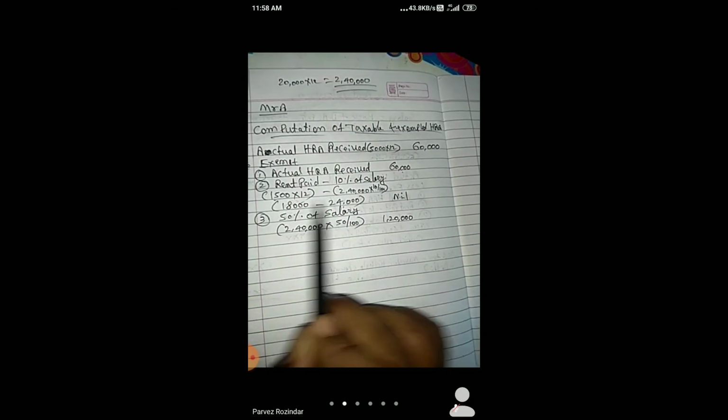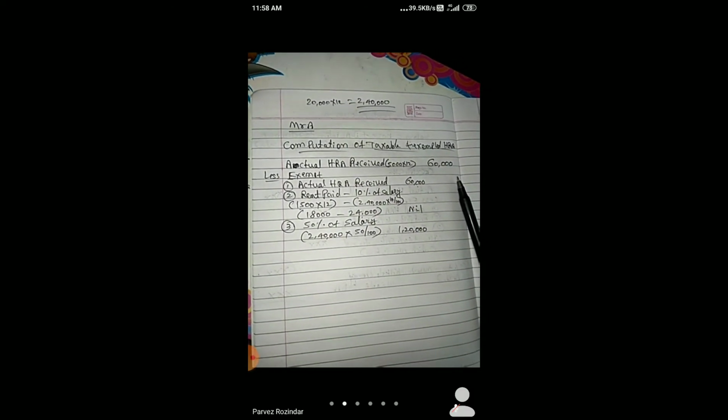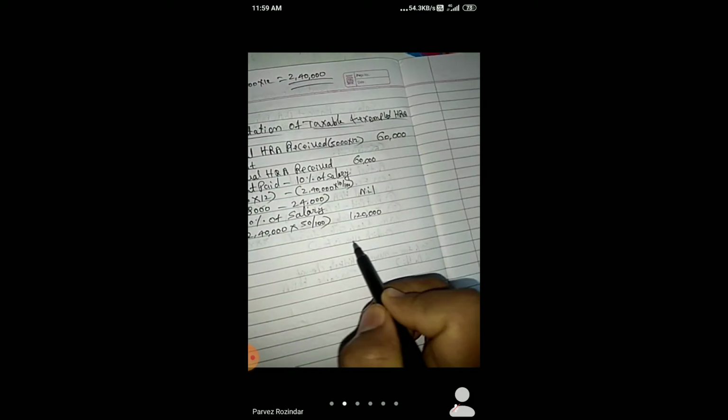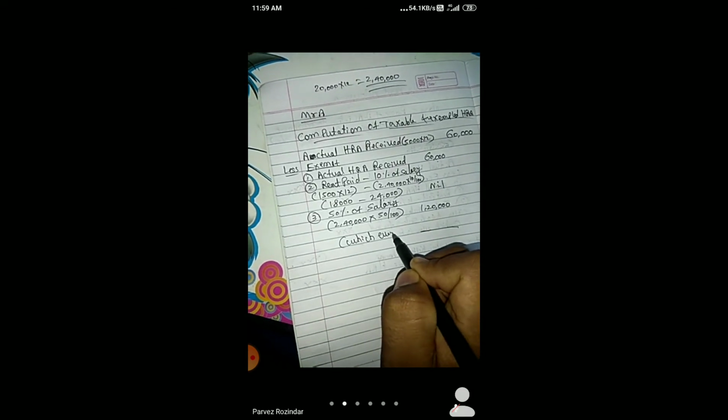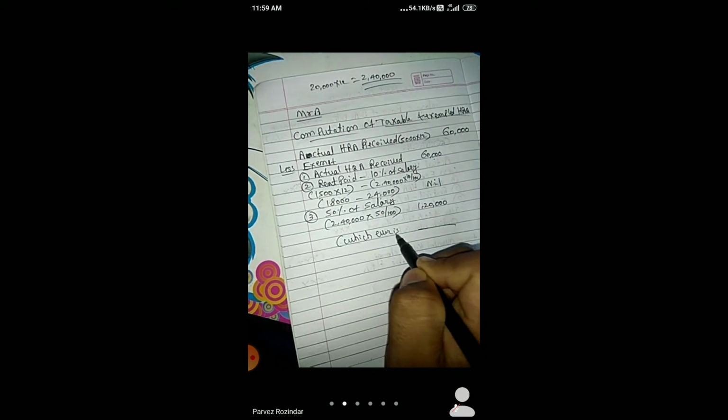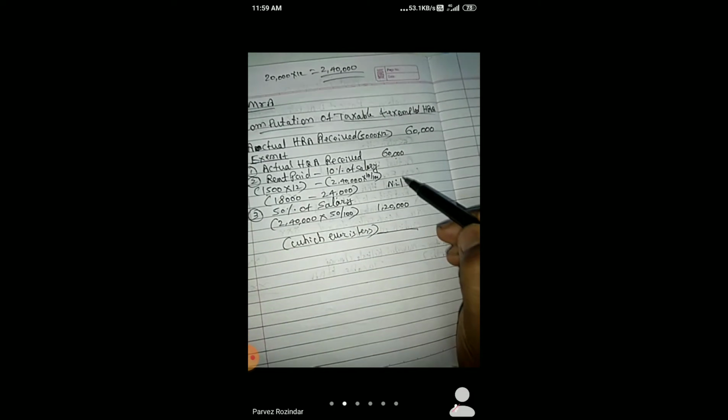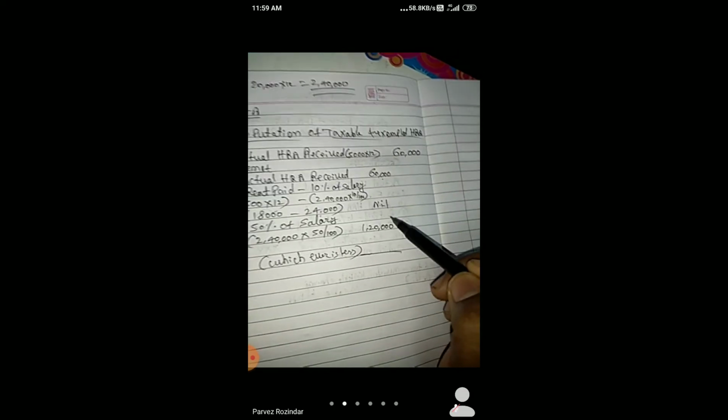So 3 options we have got. First is 60,000, second is nil. Here you don't have to write minus. If suppose 18,000 minus 24,000 we have got, if you are getting amount in minus, don't write it, write directly as nil. If you are getting amount in plus, write that amount. Now in these 3 amounts, whichever is less: 60,000, 0, nil in the sense 0, or 1,20,000.